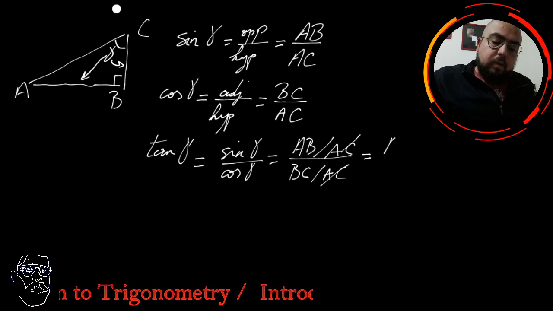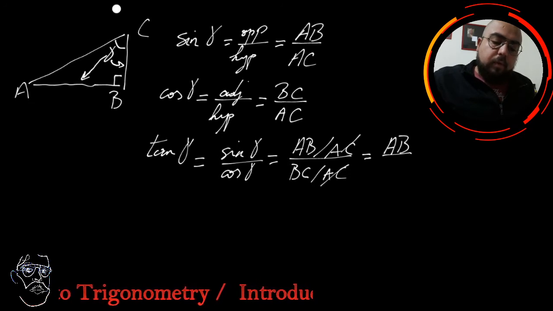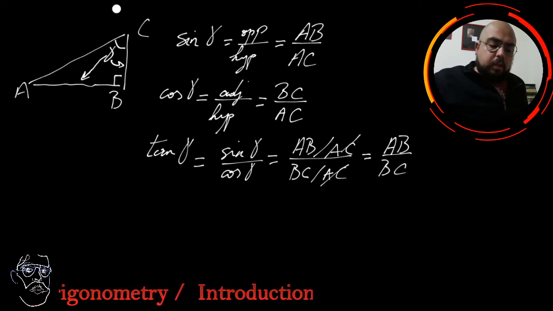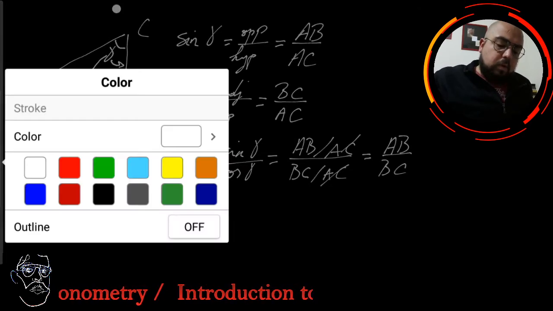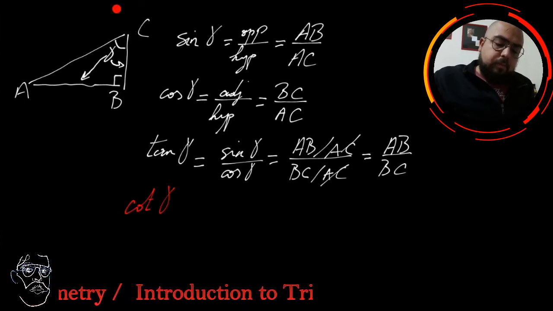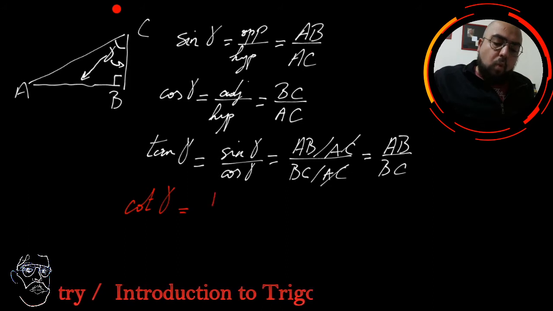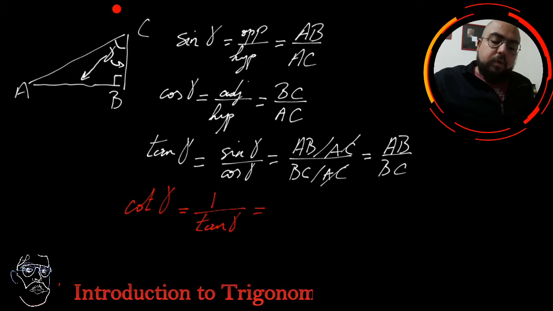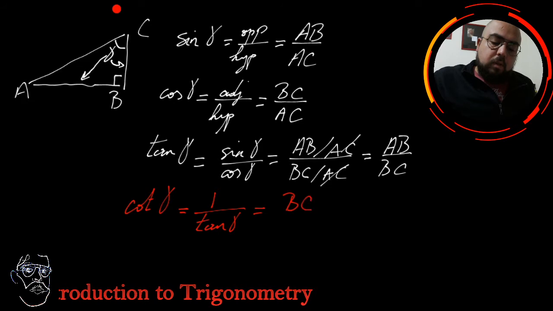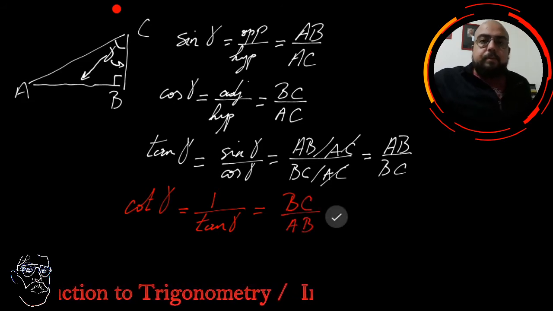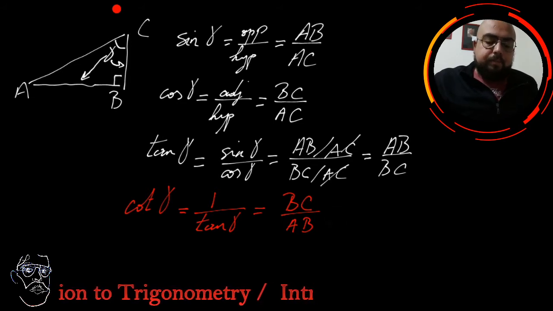Whatever remains will give you AB over BC. As for the cotangent of gamma, it's equal to 1 over tangent gamma. So it's the reciprocal of tangent actually. It's BC over AB.